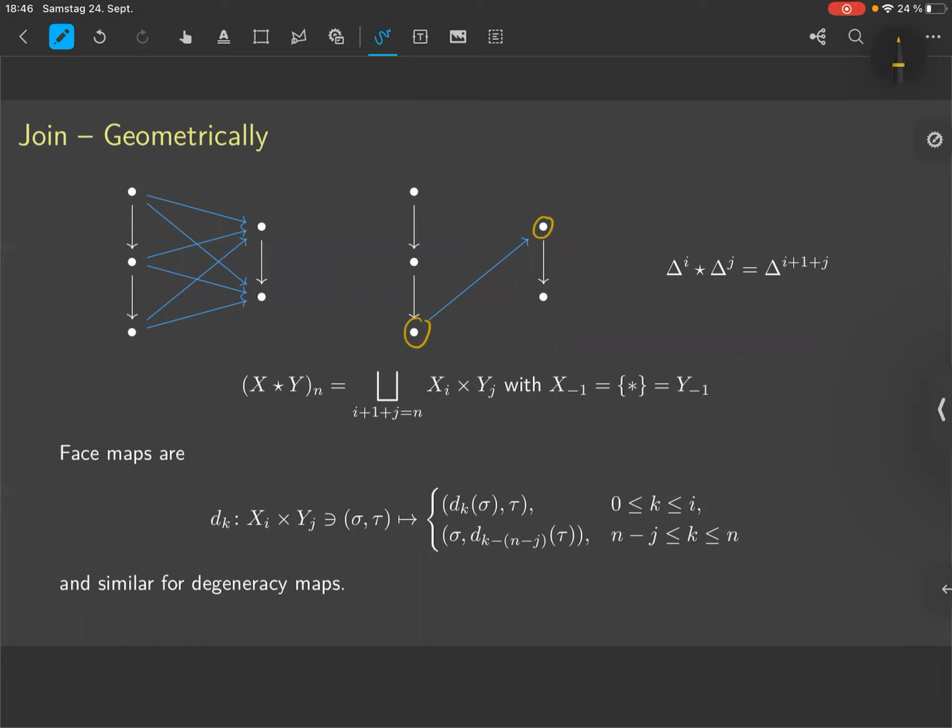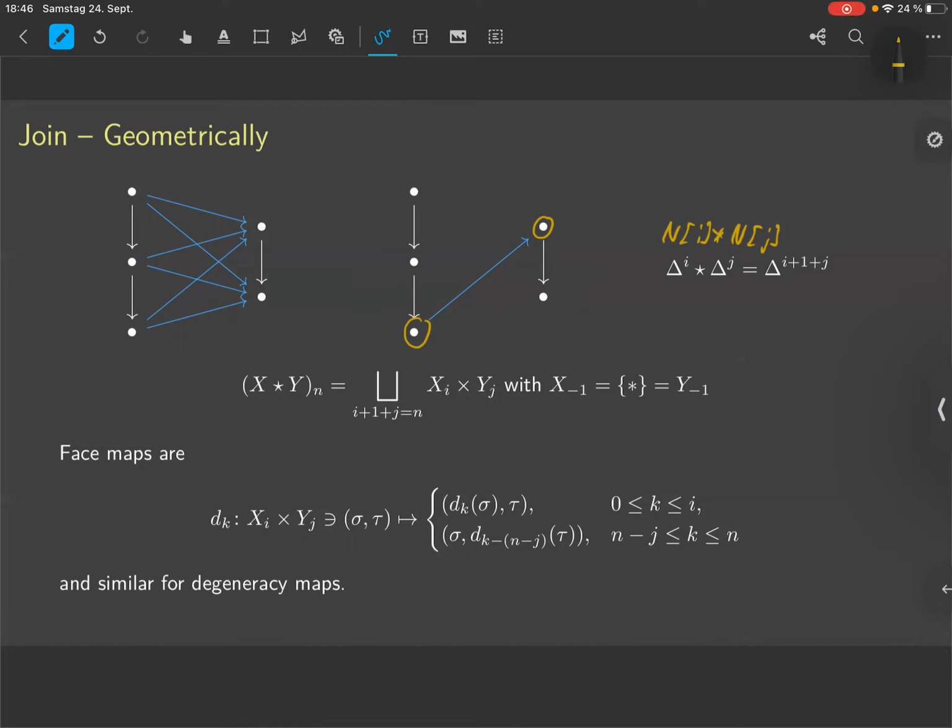So this gives the idea that when we take the nerve of the interval I and join it with the nerve of another interval, we get a longer interval, namely with now I plus 1 plus j of this size.